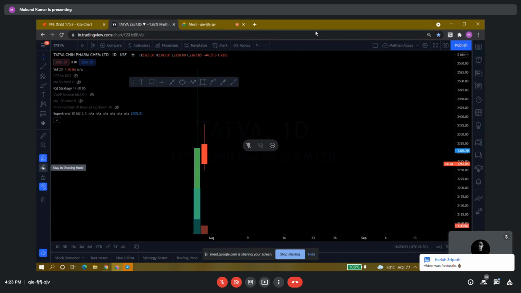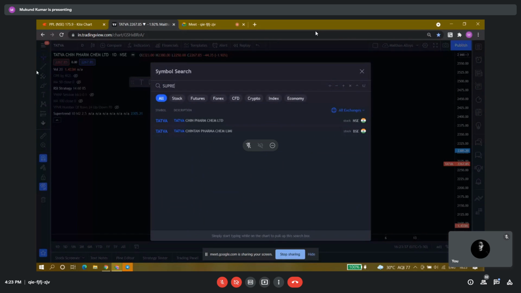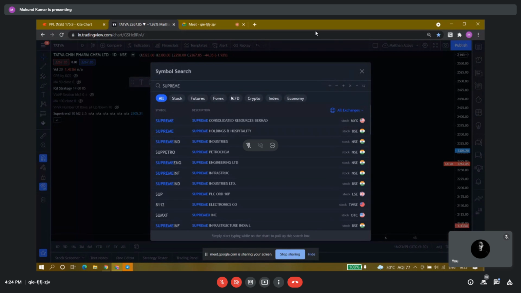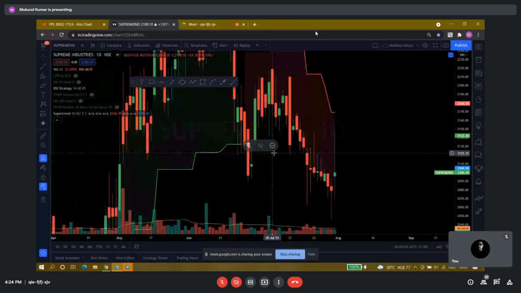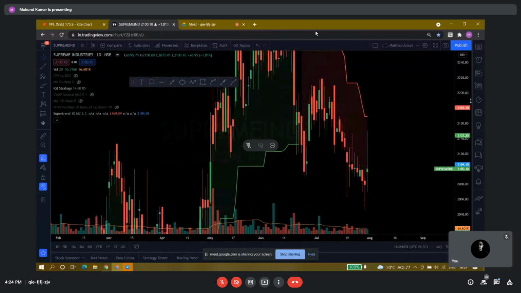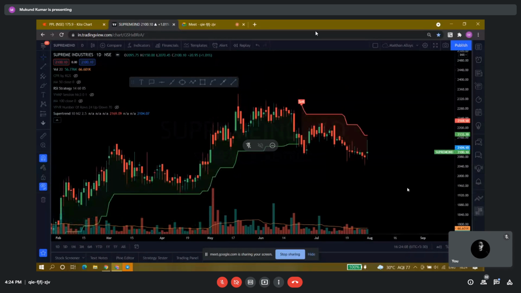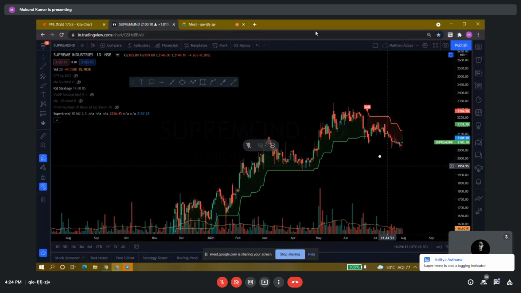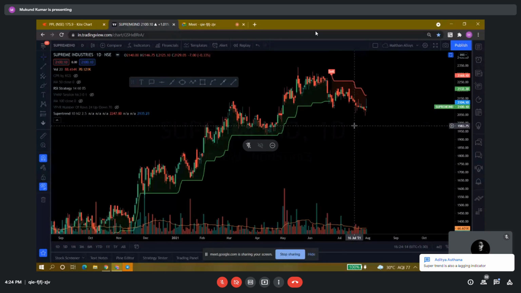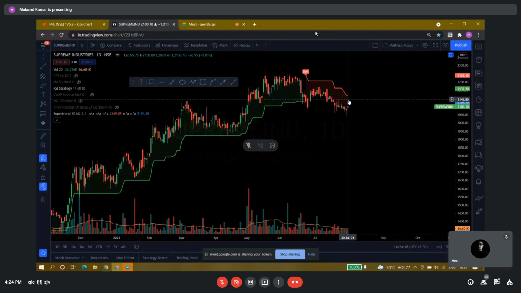So can you look at the chart of Supreme Industries from the past 3 to 4 days? It is trading at 2100 VWAPs. Wait for another good green candle formation.